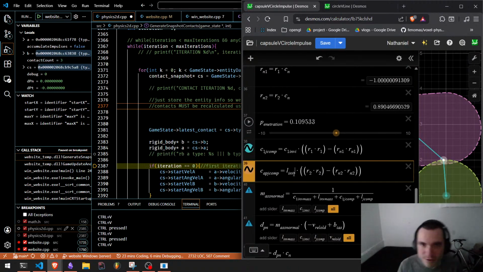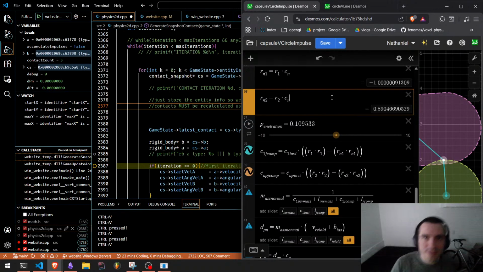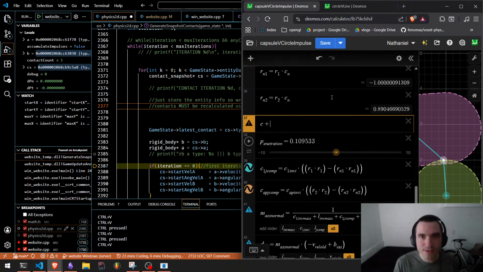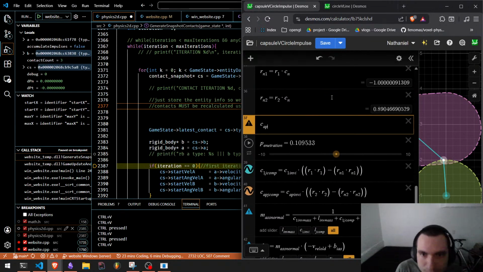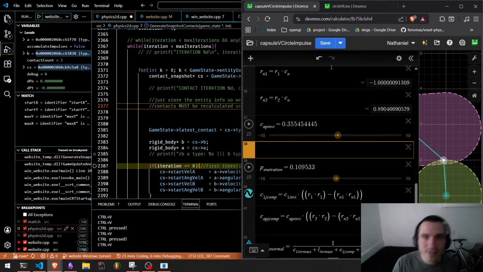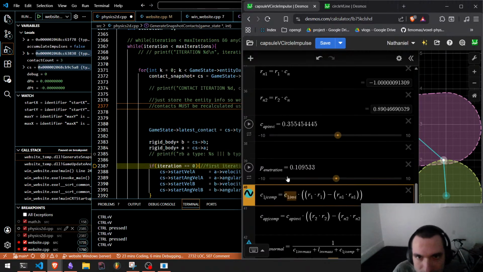So we'll call this cap inverse inertia, cap inverse I. We'll define it up here. Cap inv I equals this value. Okay. We'll do that. Let's call it circ inv I.